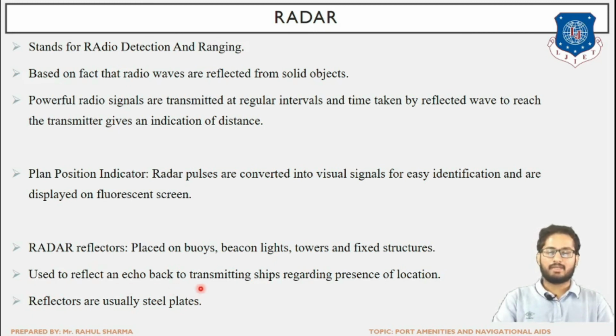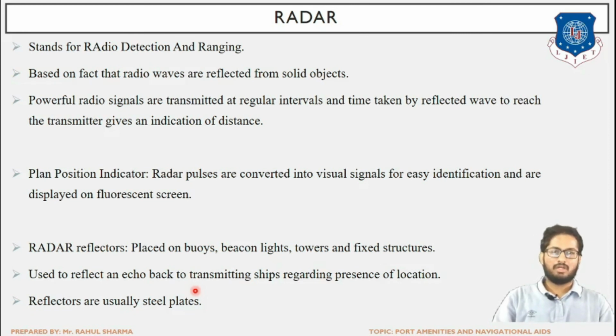Used to reflect an echo back to the transmitting ship regarding the presence of the location of the harbor. Reflectors are usually steel plates. So basically these radar reflectors are steel plates in general, which do the work of reflecting back the incident wave.